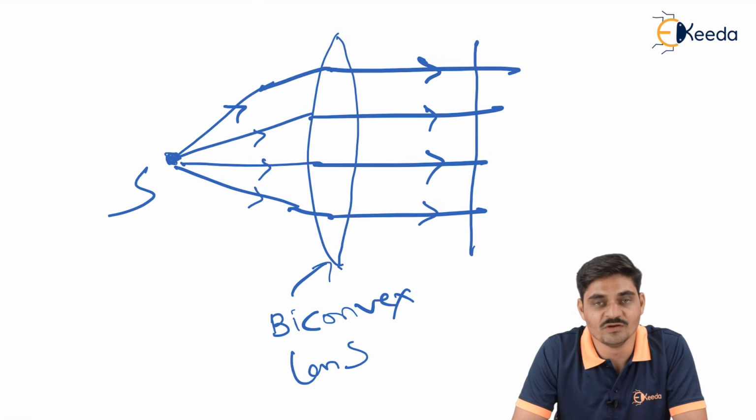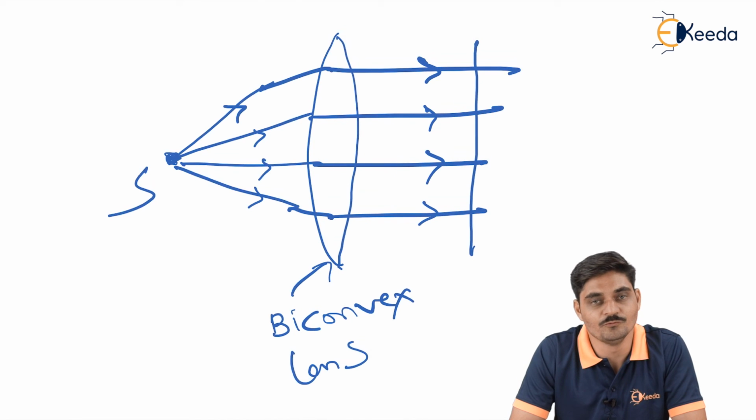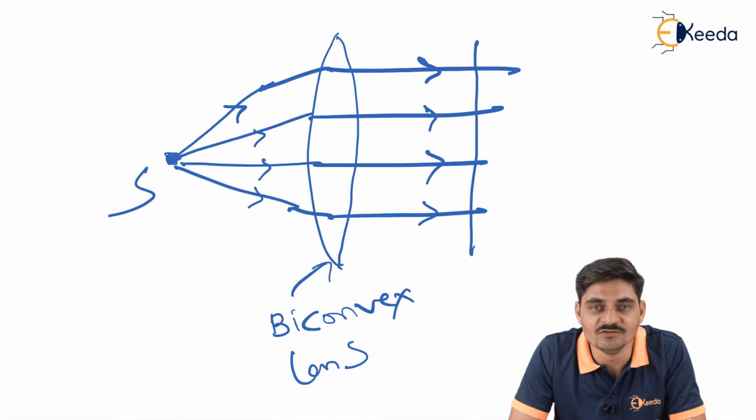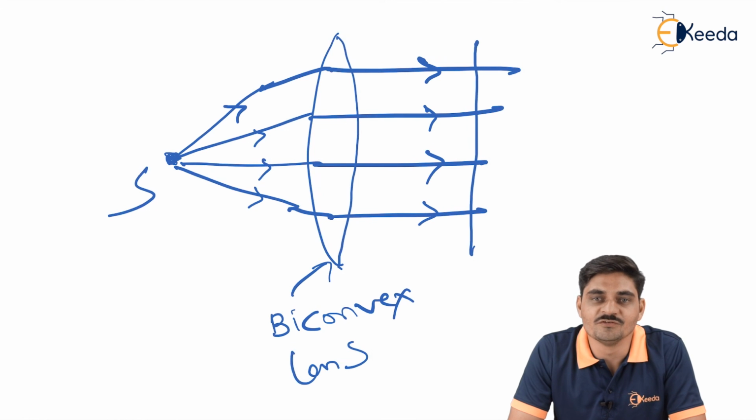So in this topic, we have learned about the definition of wavefront, wave normal, and the types of wavefront: a point source produces spherical wavefront, a linear source produces cylindrical wavefront, and a source at infinity produces plane wavefront.